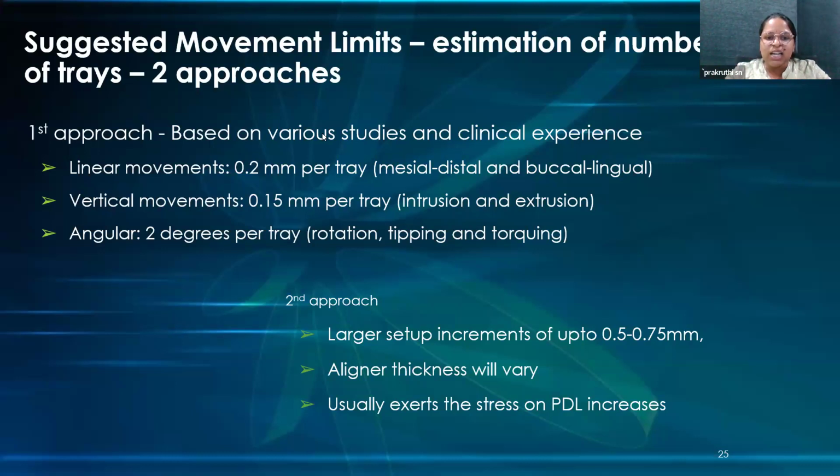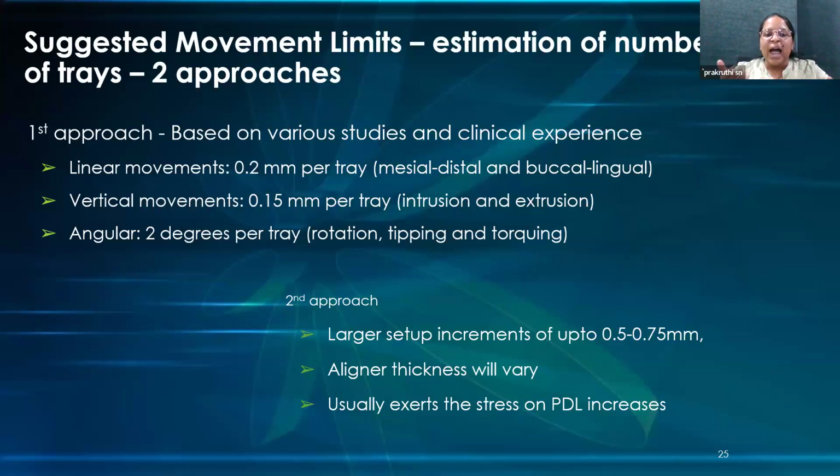Around 15 trays are required. So 15. Now it completely depends on how many degrees you want to derotate. If you're derotating by 1 degree, you will require 25 trays. If you choose, okay, let me take a risk, I will correct 2 degrees for each tray, then your prediction of 15 trays is correct.